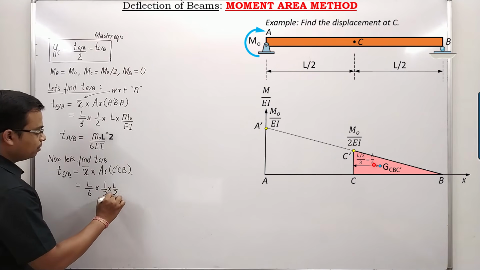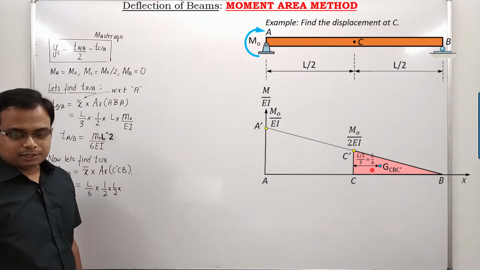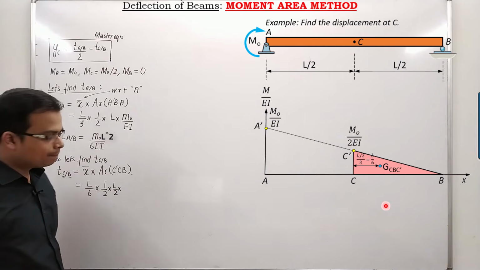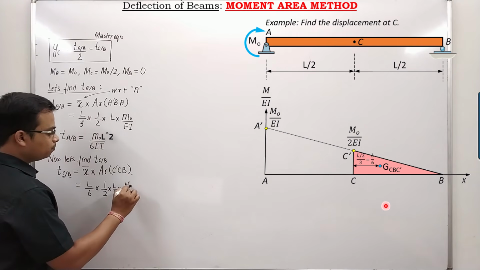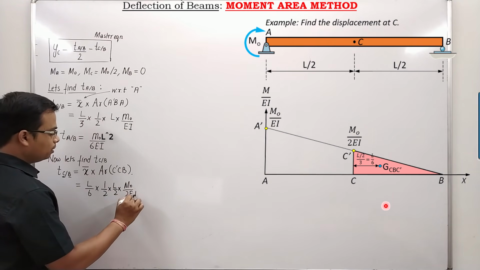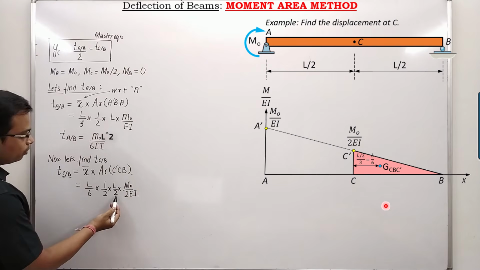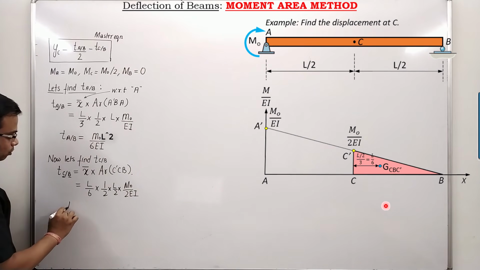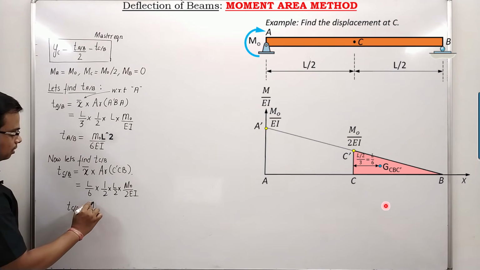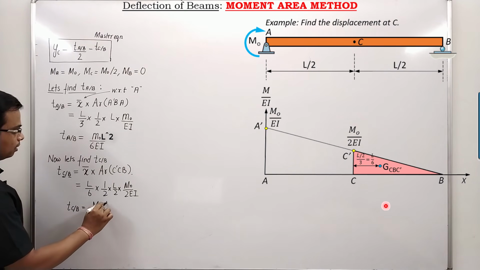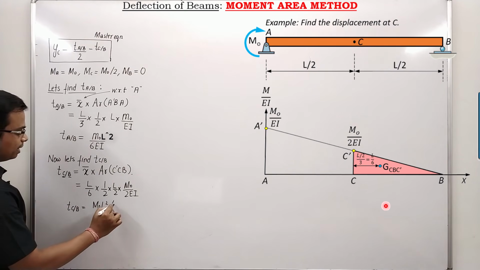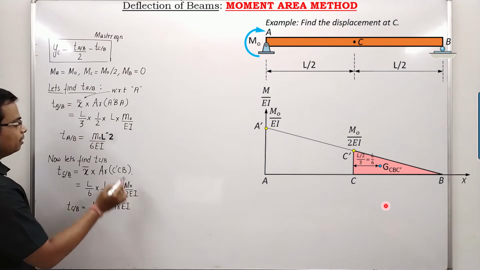Base is L by 2 and height, let me check, is M naught over 2EI. So 6 2s are 12, 12 2s are 24, 24 2s are 48. So TCB has worked out as M naught L square divided by 48 EI.